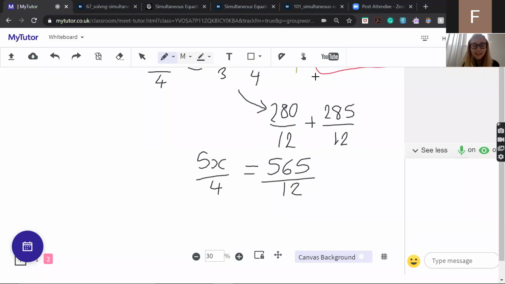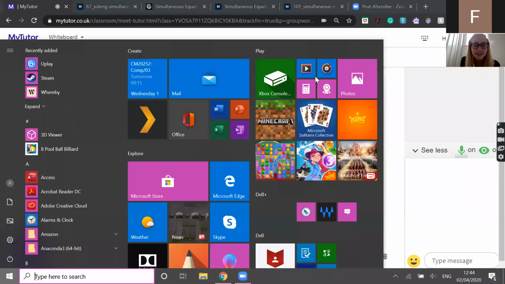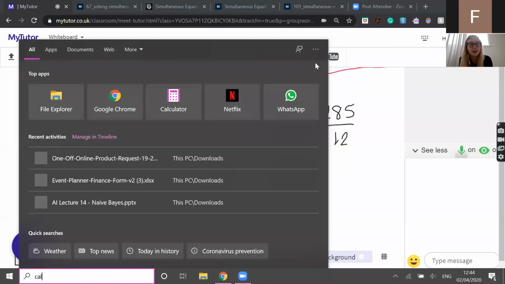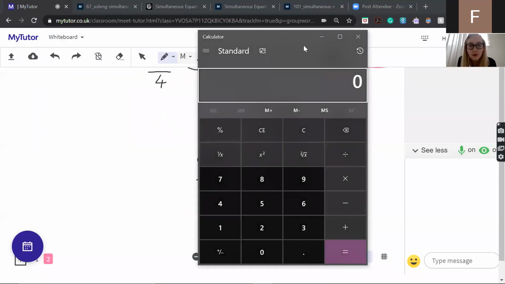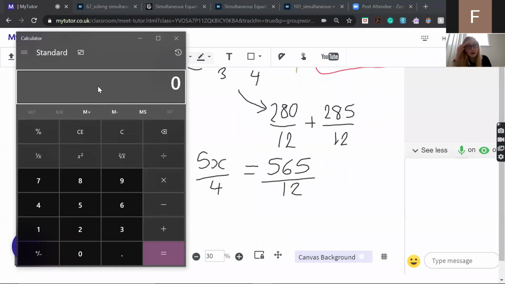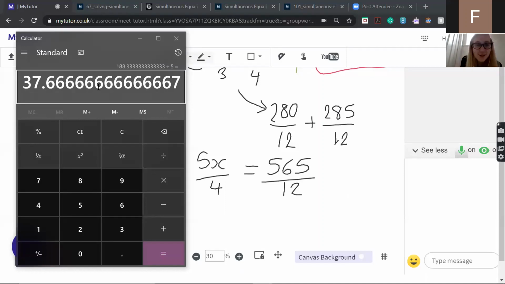So basically, I'm going to use a calculator for this, unless, do shout if you actually want me to go over it. But so we have 565 divided by 12, times that by 4, divide that by 5, so x is equal to that, 37 2/3.